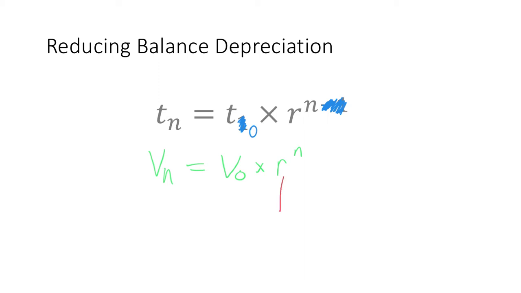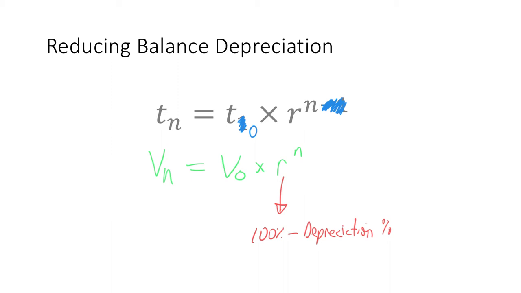Now that r value that we use is going to be 100% minus the depreciation percentage. So you'd be expecting an r value of less than 1 because the value of the equipment is going to be decreasing, and to have a geometric sequence that is decreasing, we need a common ratio of less than 1.